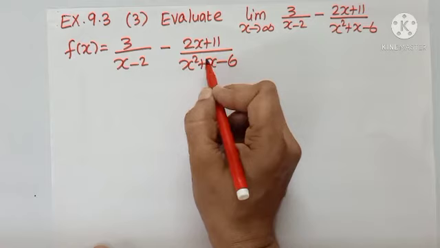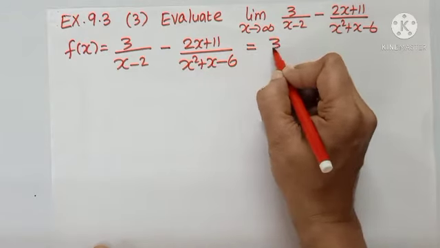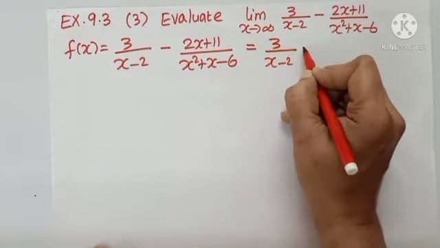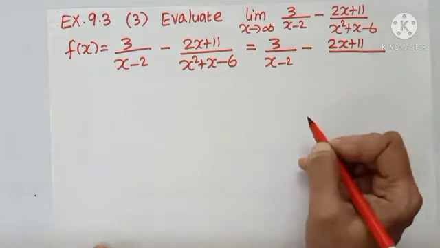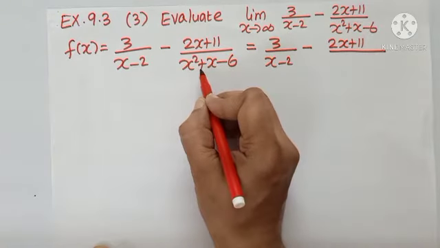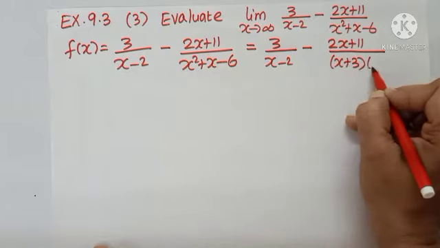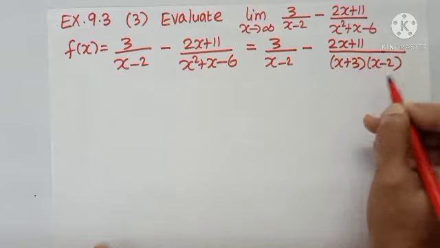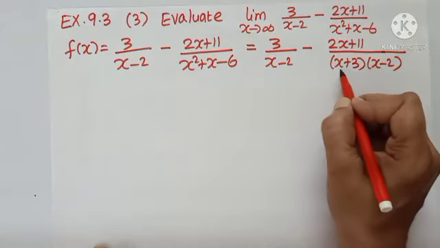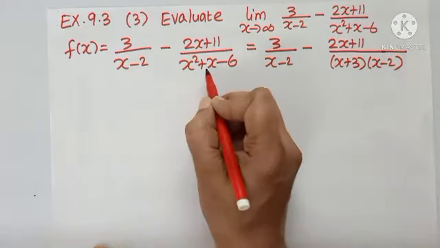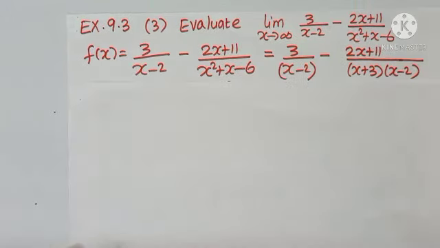Factorizing the denominator of the second expression, it is x plus 3 into x minus 2. Cross verify: x into x is x square, 3x minus 2x is plus x, 3 into minus 2 is minus 6.